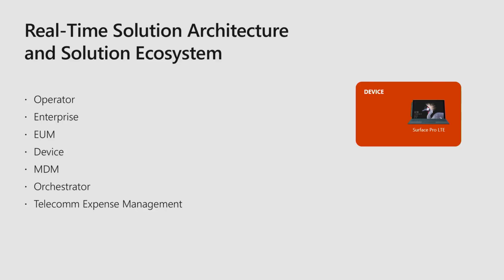Device. I'll focus on this one and why I have Surface up here. Not all LTE devices are eSIM capable. Surface Pro LTE Advanced, I would say, is one of the first devices that had it. We released that particular model last year, fall of last year.